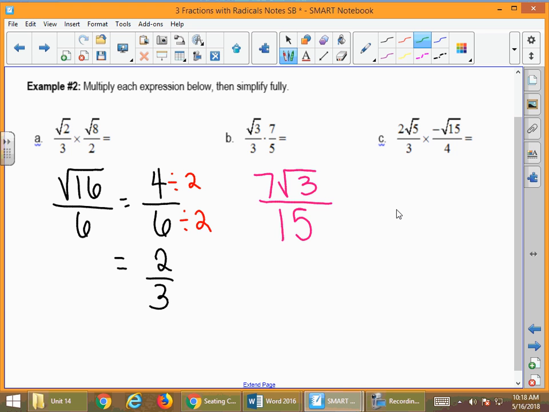On letter C, one thing that you might want to do is put a 1 in front of the radical. You don't have to. Because when we multiply, we're still going to multiply the tops together and the bottoms together. So it's 2 times negative 1 is negative 2. Square root of 5 times square root of 15 is square root of 75. 3 times 4 is 12.